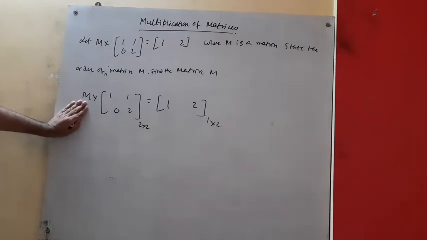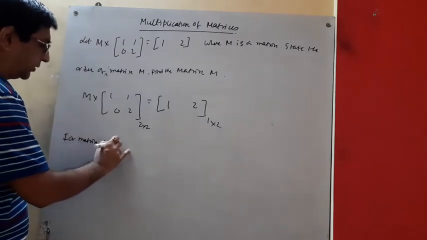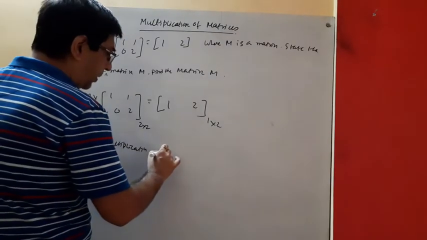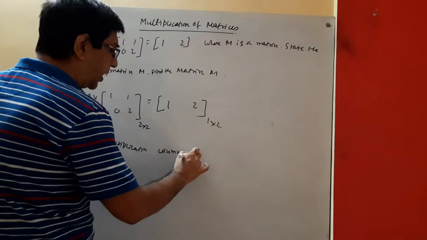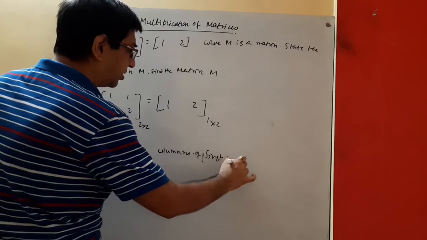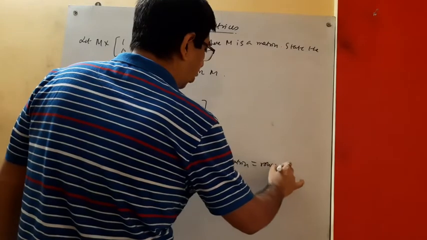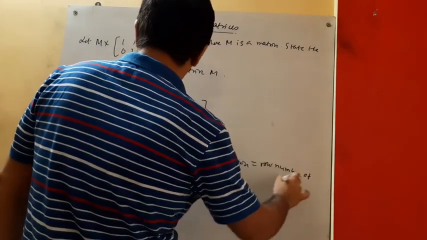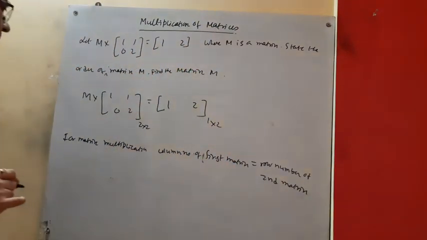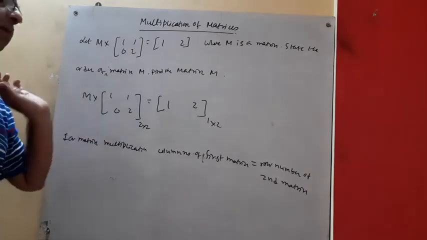As at first I told you, for matrix multiplication, the column number of the first matrix should equal the row number of the second matrix.